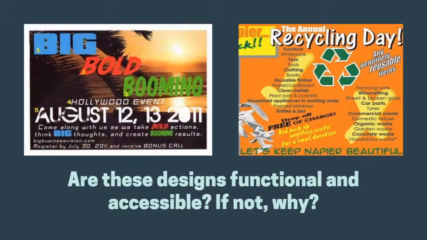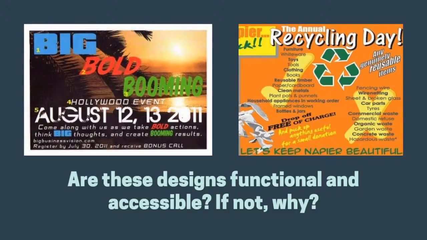If you'll notice, the one on the left, big, bold, booming, Hollywood event, August 12th, all 5 of those lines are different fonts. And then I think that same Hollywood event font is their body text down there, the "come along with us," such and such. And then they add their other fonts in throughout that as well.